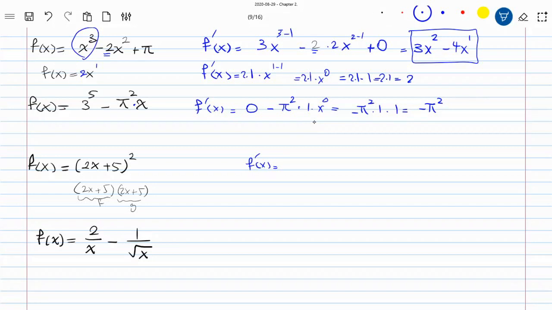Okay, so product rule means I wrote this function as multiplication of two functions. Let me rewrite this clearly. So I write it as 2x plus 5 times 2x plus 5. And I want to take the derivative of this. I'm going to call this first part, let's say f, this is g.